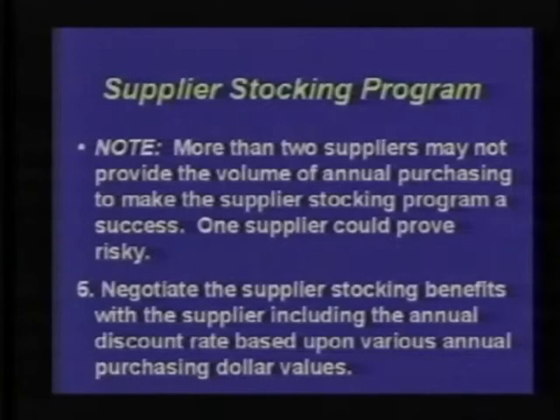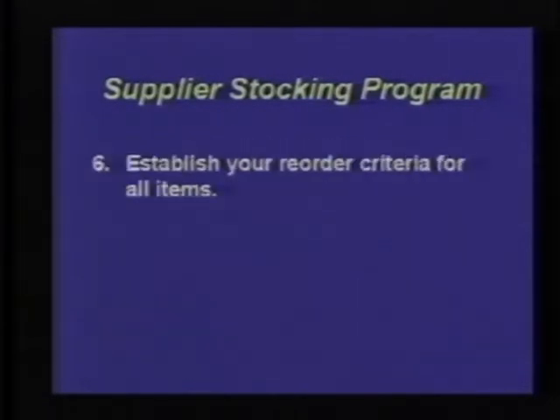And 5, you want to negotiate the benefits of the stocking program to both you and a supplier. And on page 41, I address those benefits, which I will review with you. Now, continuing on page number 39, step number 6 is establish your reordering criteria.